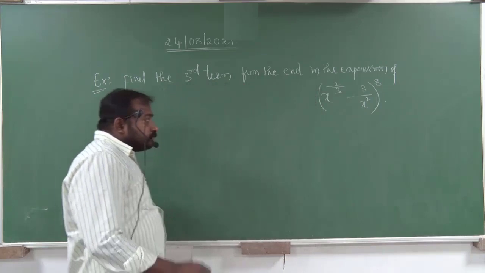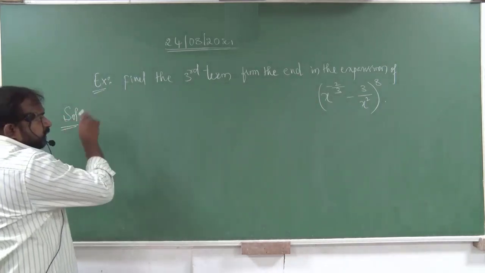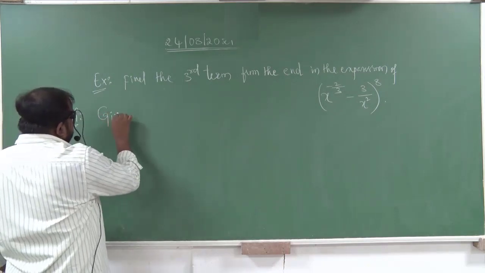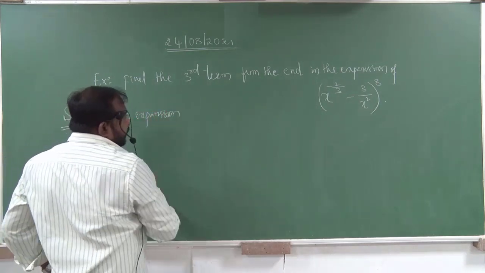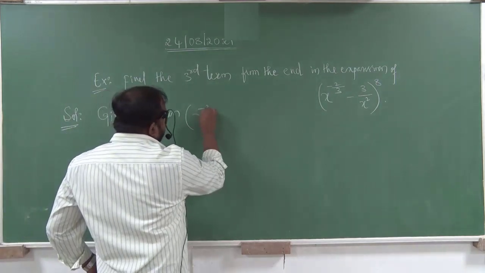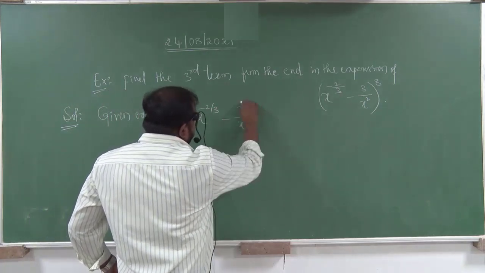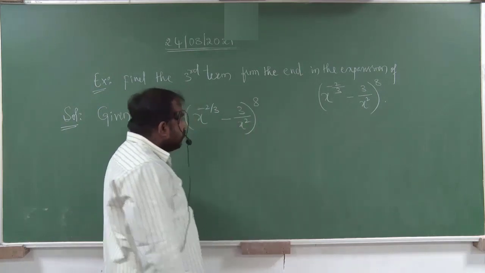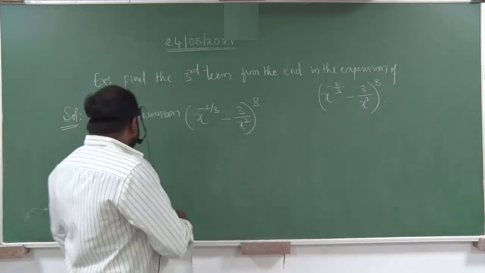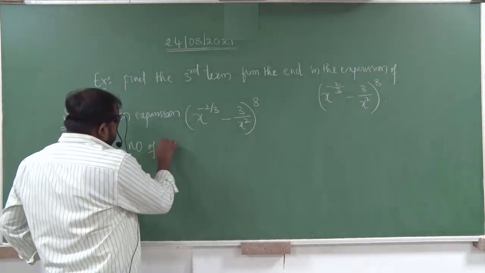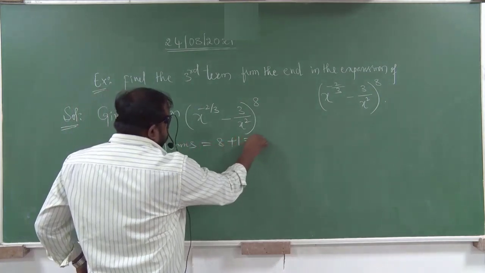First of all, if you observe the expansion, what is the given expansion? (x power minus 2 by 3 minus 3 by x square) whole power 8. So power 8 is there, so how many terms are there? Therefore, number of terms is equal to 8 plus 1, which is equal to 9.